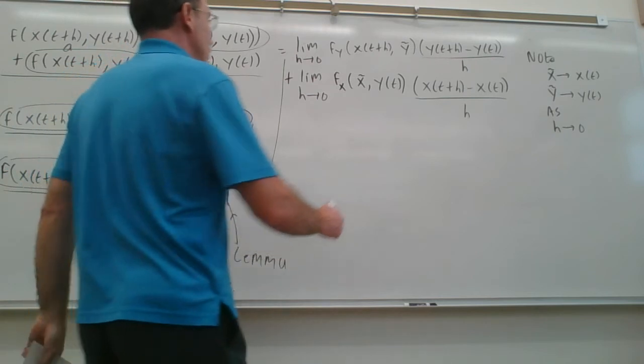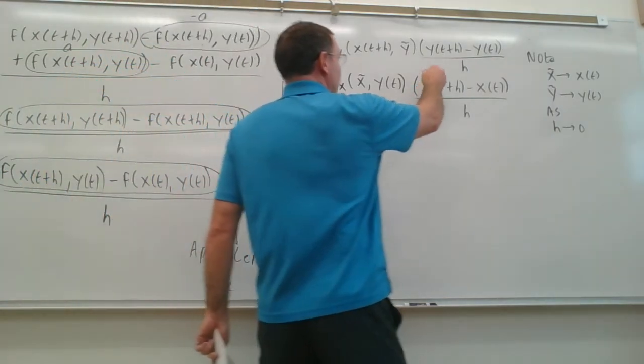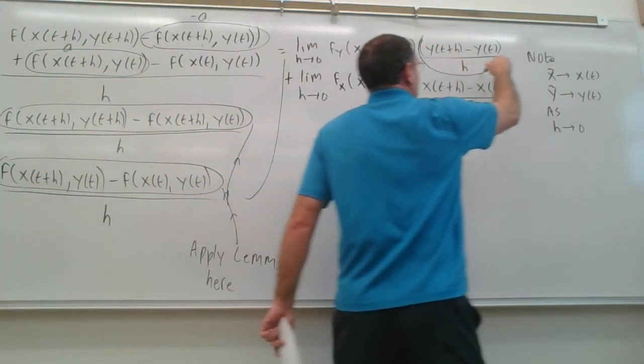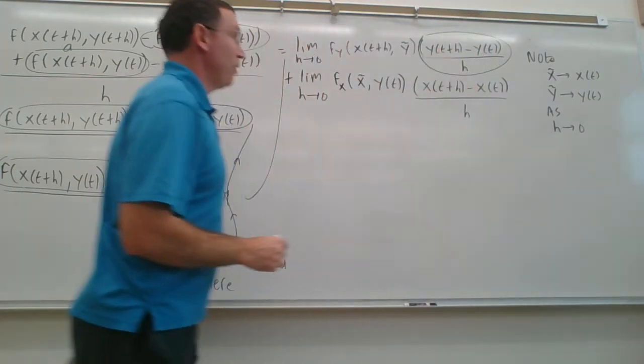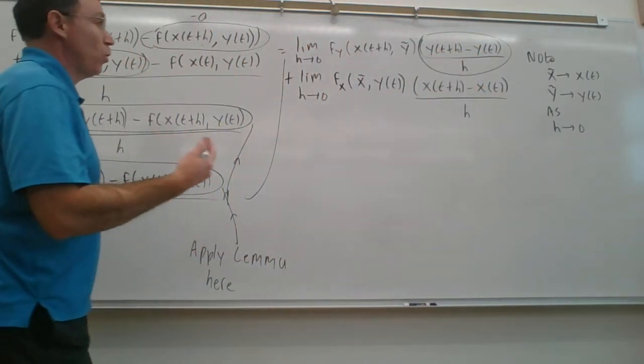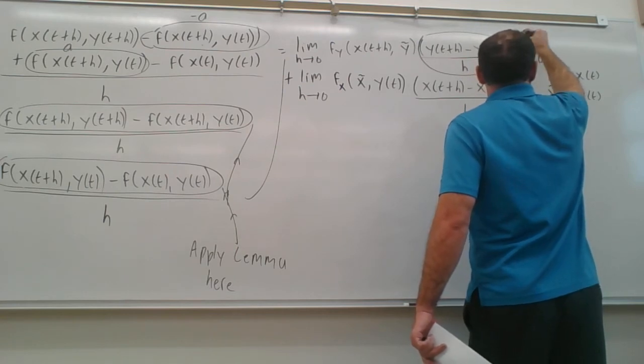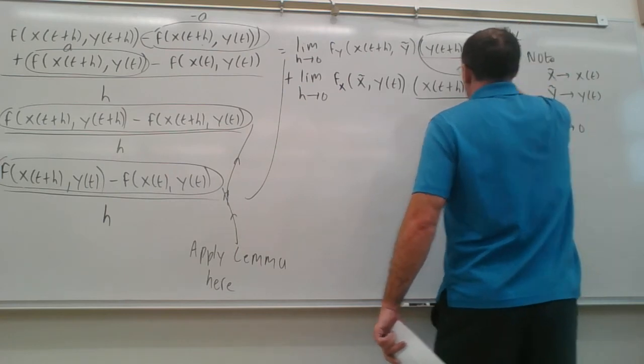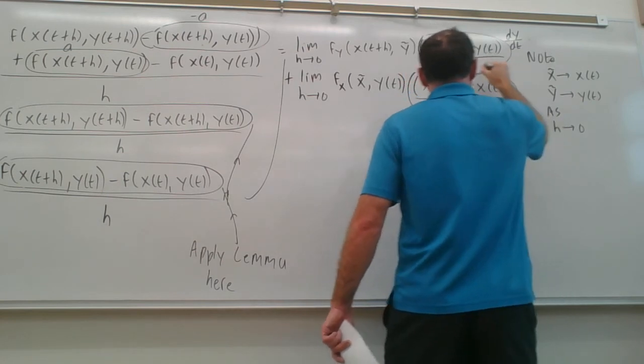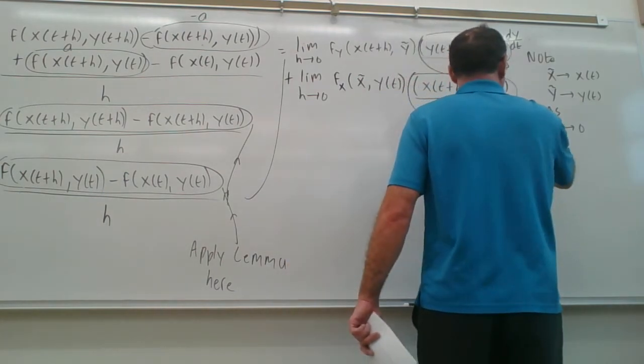Also looking at this, that's the definition of derivative dy/dt. So that limit is going to be dy/dt. And this guy here, if I take the limit as h goes to 0, that's going to be dx/dt.